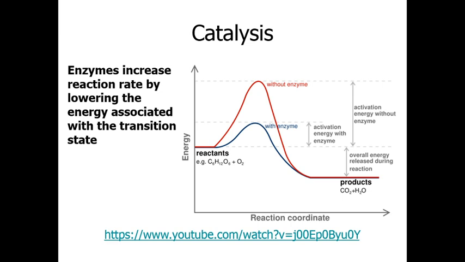So, what do enzymes do? Enzymes increase reaction rate by lowering the energy associated with the transition state. As you can see in this energy diagram, which is exactly what we saw before, the function of the enzyme is to decrease the energy associated with the transition state, and as a result it increases the rate of the reaction.